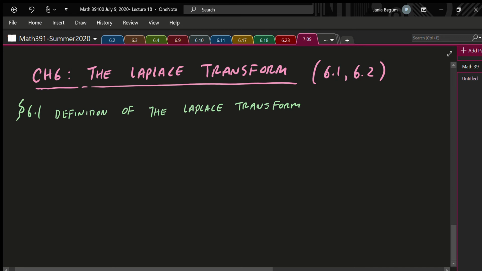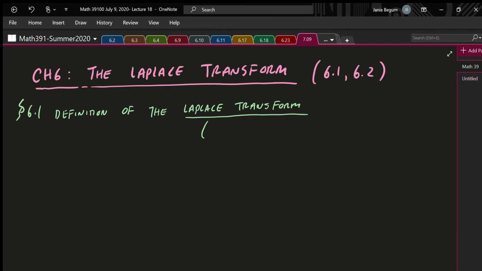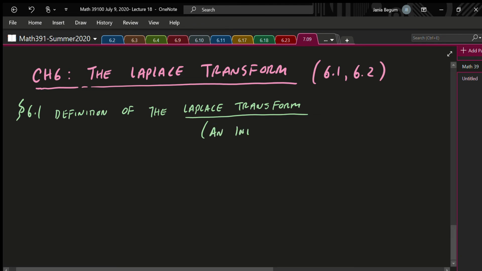Sometimes the Laplace transform is also called an integral transform. So if you hear that terminology, we're also talking about the Laplace transform. Okay. So let's define what the Laplace transform is.